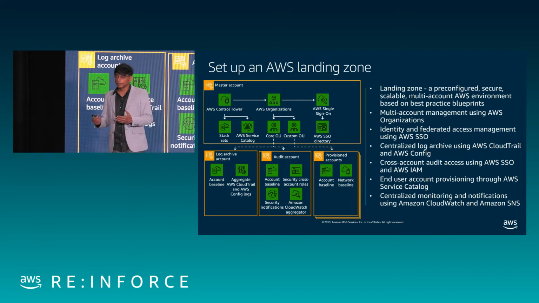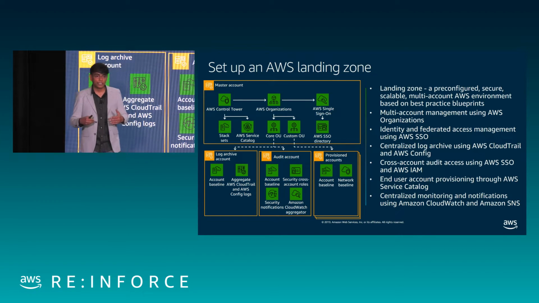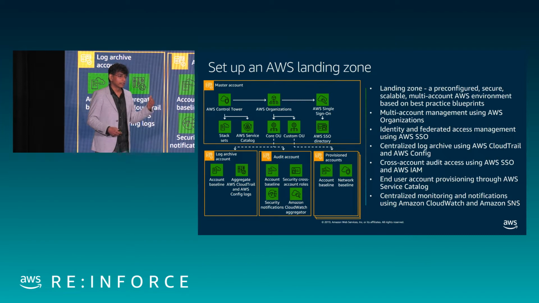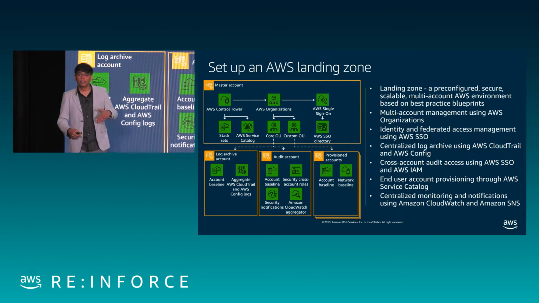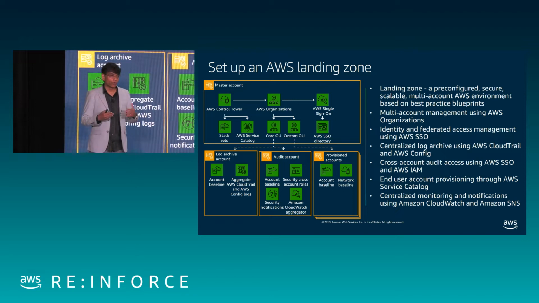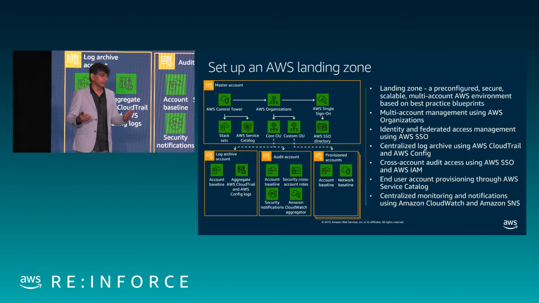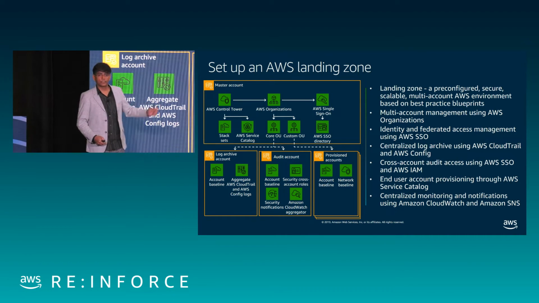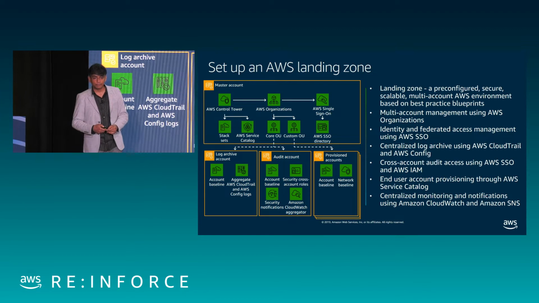What it pretty much does is enable CloudTrail to log all your account activity in Control Tower managed accounts, and Config to record all your resource configurations, and automatically sets up every account to send these logs to a central log archive, which is constructed in this central log archive account.